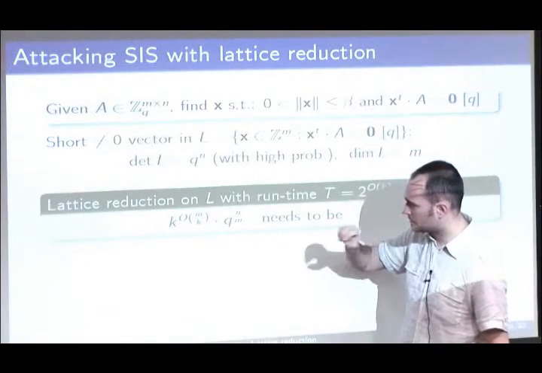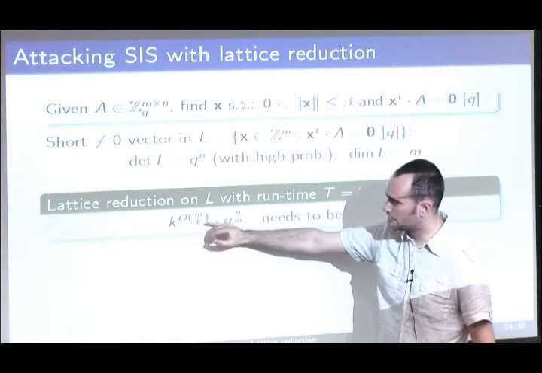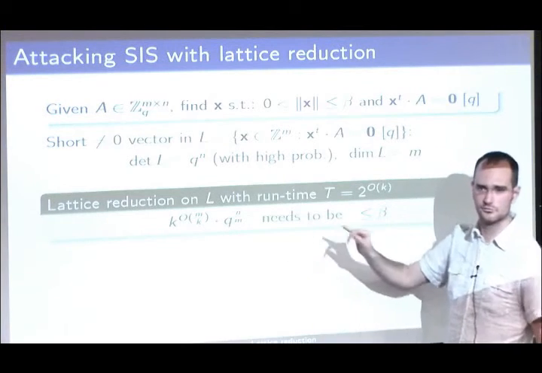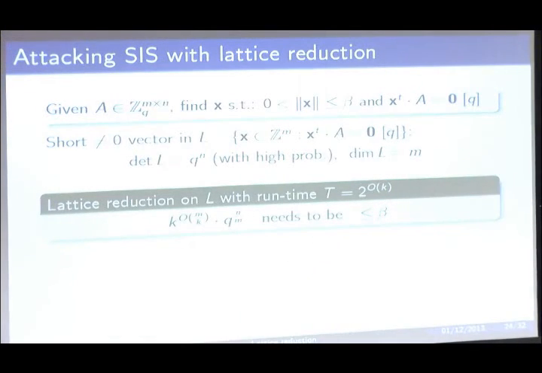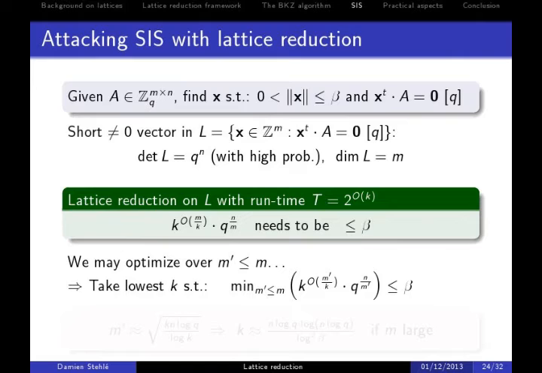When you have this formula, you can observe that as a function of m, this part is increasing and this is decreasing. So there could be a best m to choose, and actually we can do it. We can choose an m prime smaller than m, which means that given A, we don't look at all rows of A. We are playing with a subset of the rows, and we do lattice reduction on a subset of the rows.